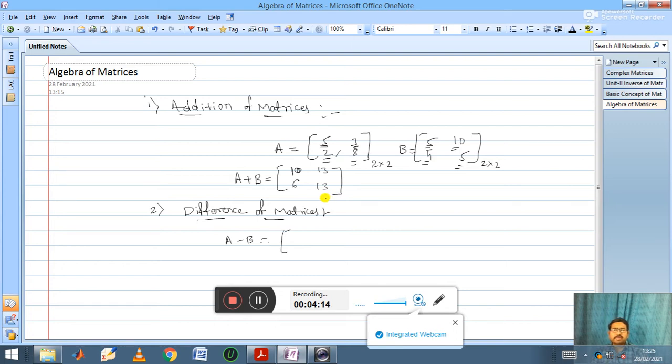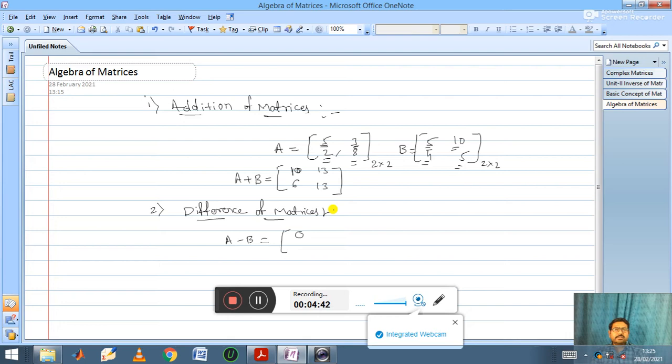In matrix A, the first row first column element is 5. In matrix B, the first row first column element is 5. So then you subtract. 5 minus 5 gives 0. Then go to the second element. The first row second element in matrix A is 3, and in matrix B it is 10.